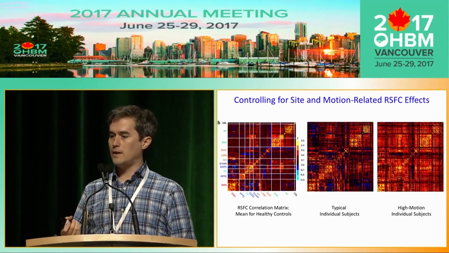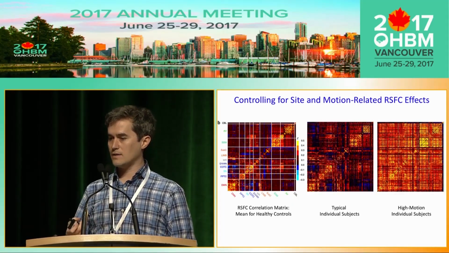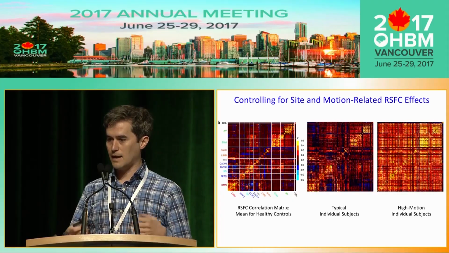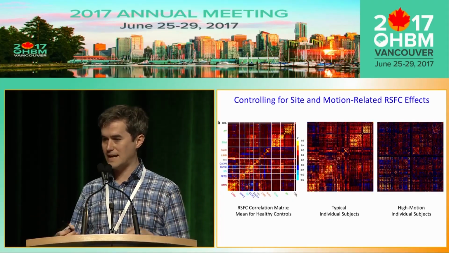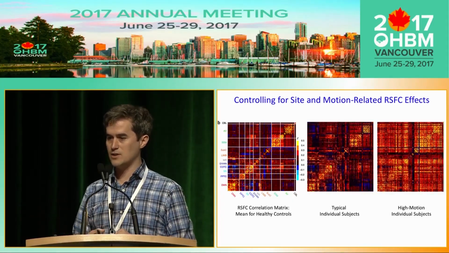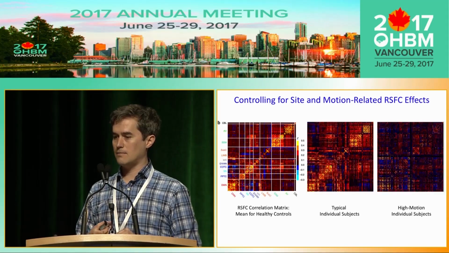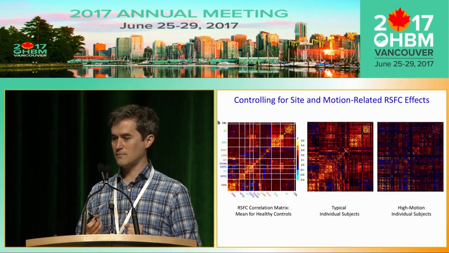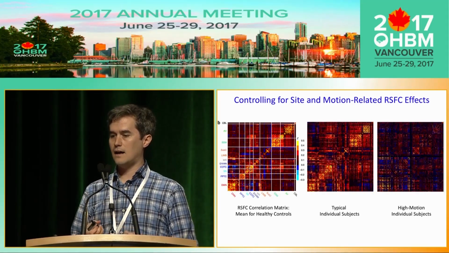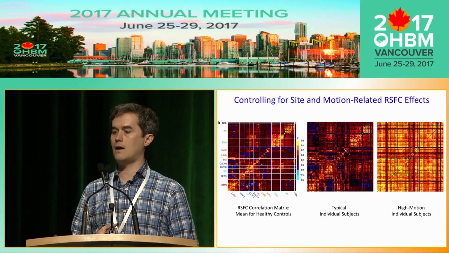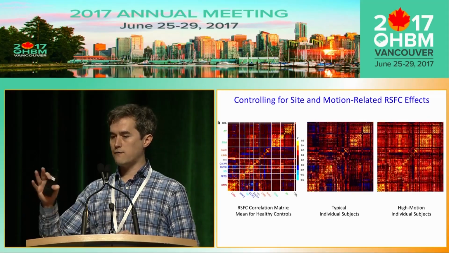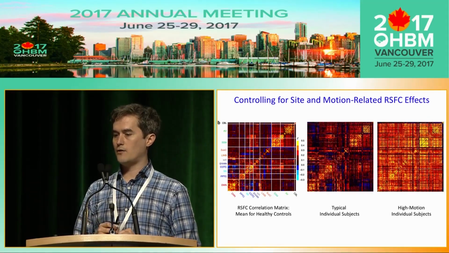For people who aren't familiar with neuroimaging data, I also work with a lot of wet lab-based scientists. I like to show these images because I think it really makes it clear what a big effect motion can have. So what you see on the left is a mean functional connectivity map for the whole brain.